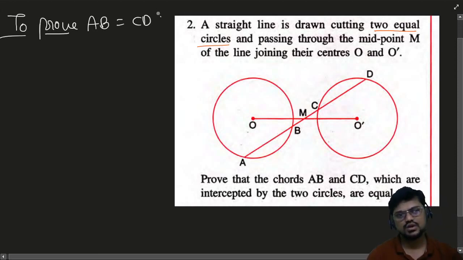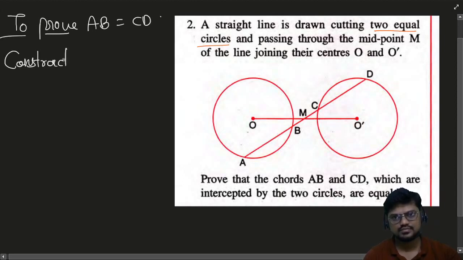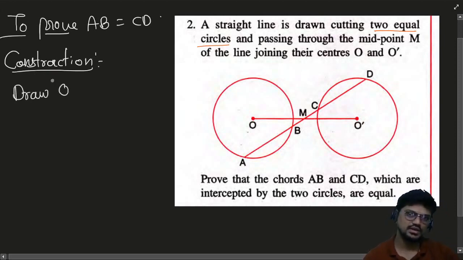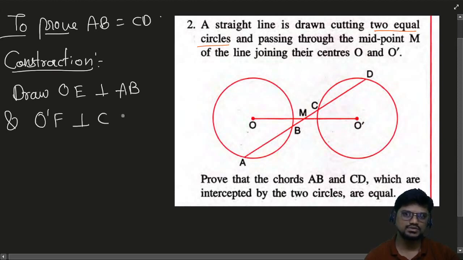That's what you need to prove. Okay. So now to prove it, we'll have to do some construction in it. The construction will be: draw OE perpendicular to AB and O dash F perpendicular to CD.